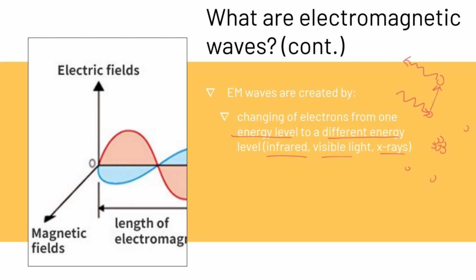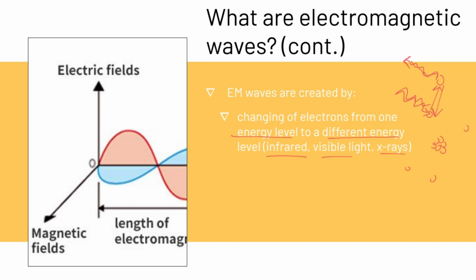When it loses that energy, it is emitted as a photon of light, and then the electron goes back down to its lower energy state. So that energy is absorbed as a photon of light, and then it is emitted again as a photon of light from that same energy level. And so that is how EM waves are created for the most part.